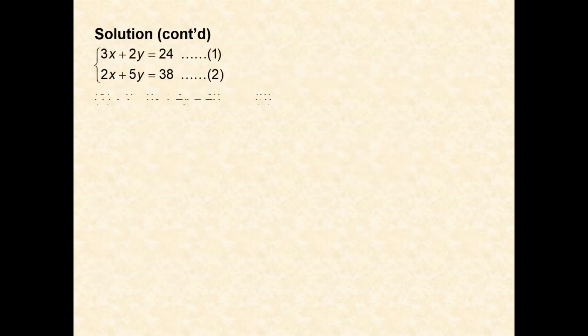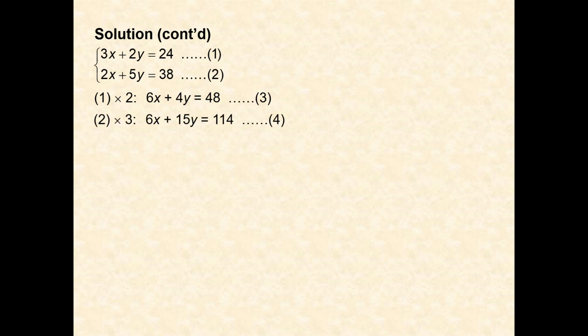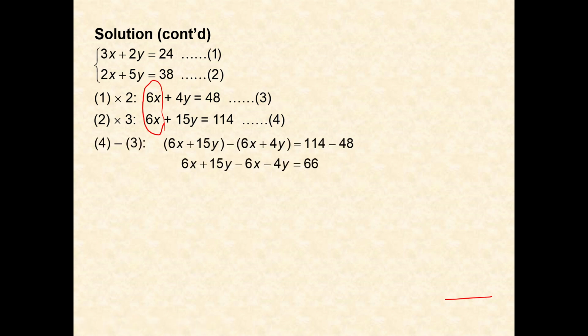So let's start our elimination. I'm going to multiply the first equation by 2, and then I'm going to multiply the second equation by 3. And after these steps, we can see we have the common term 6x, and then we are going to eliminate it by doing the subtraction. So after the subtraction, I have eliminated the x on the left hand side, and then y becomes 6.